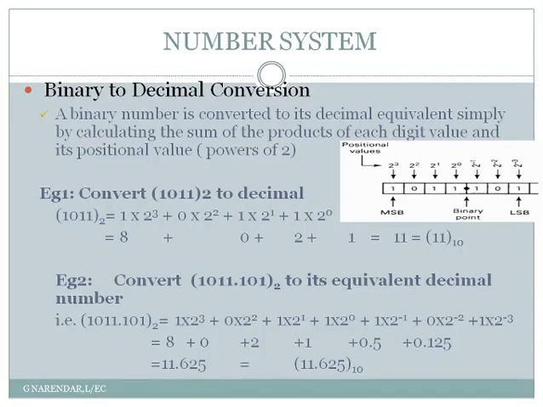So I can write 1 multiplied by 2 power 0, and the next digit 1 multiplied by 2 power 1, and the next digit 0 multiplied by 2 power 2, and the final digit 1 multiplied by its corresponding position value 2 power 3.